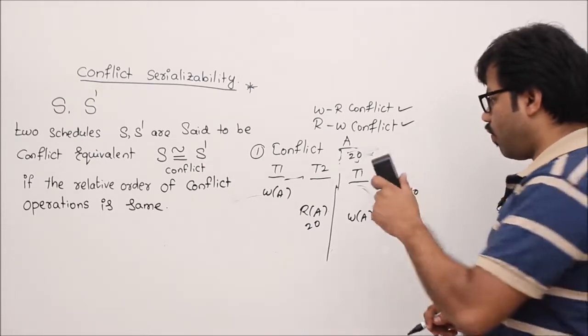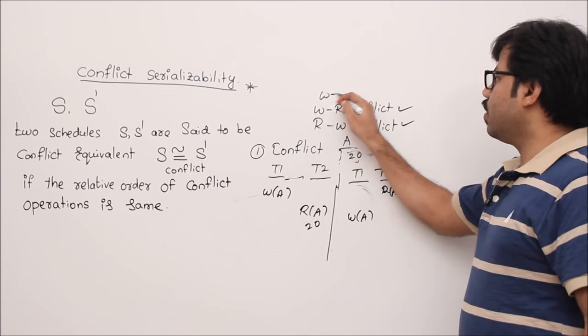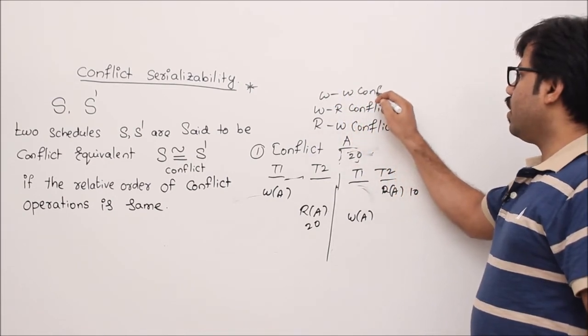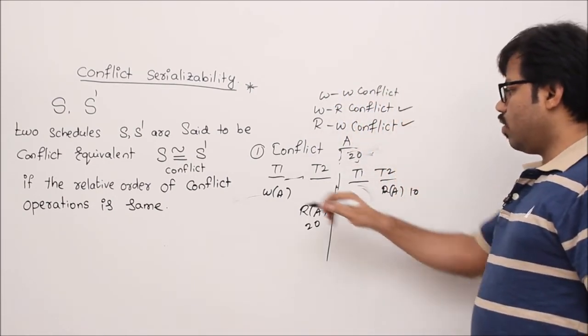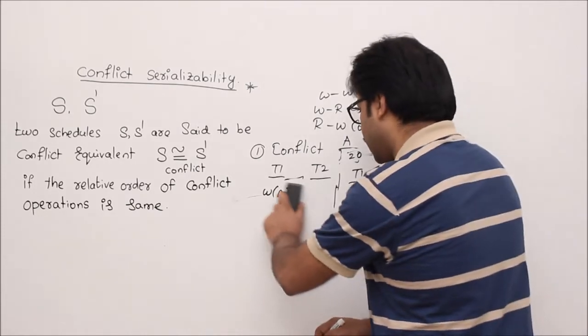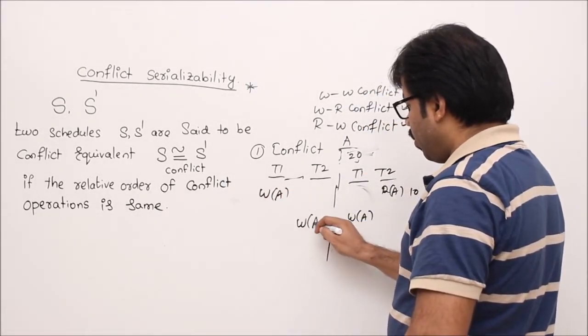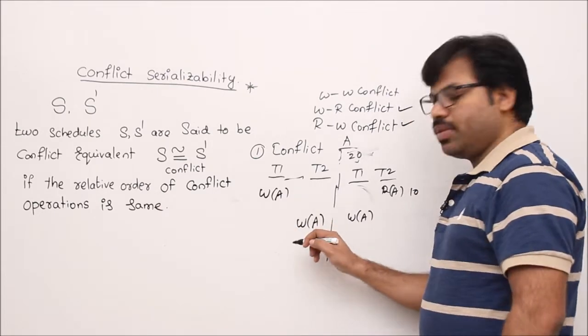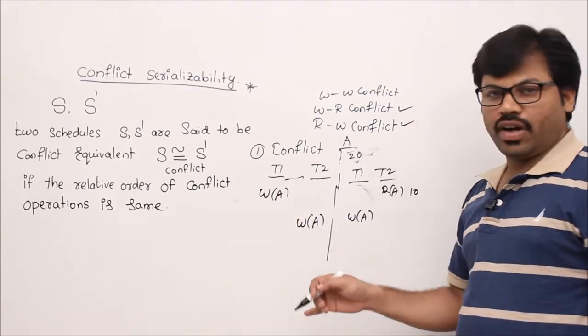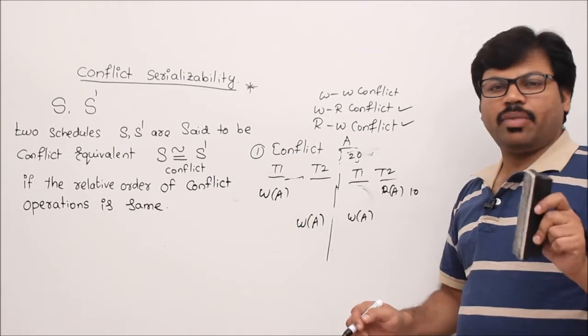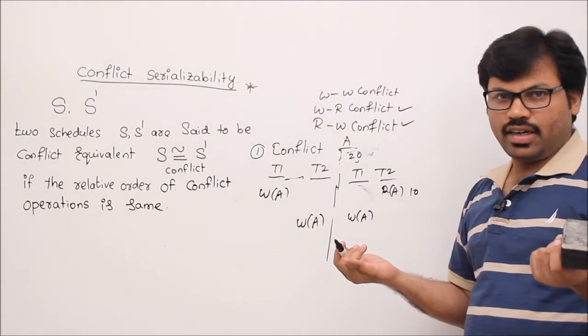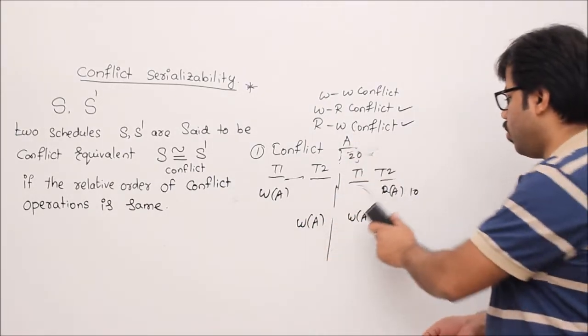Now we'll see one more conflict, the write-write conflict. That means when there are two write operations, one transaction has a write, another transaction has a write, like write of A and write of A. You remember one thing: this database item should be the same. If the database item is different, though both are write operations, it doesn't matter. We can interchange them, not a problem.